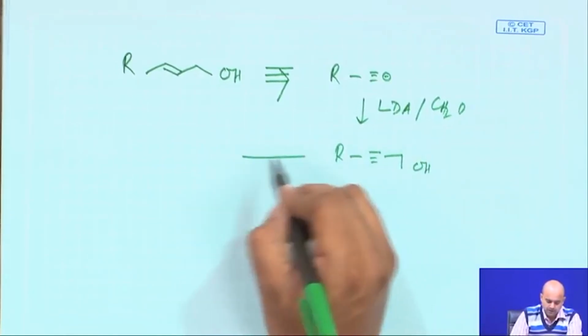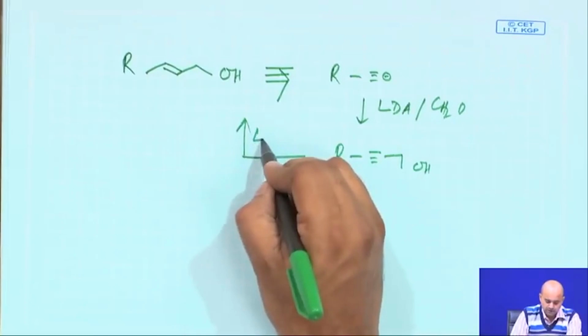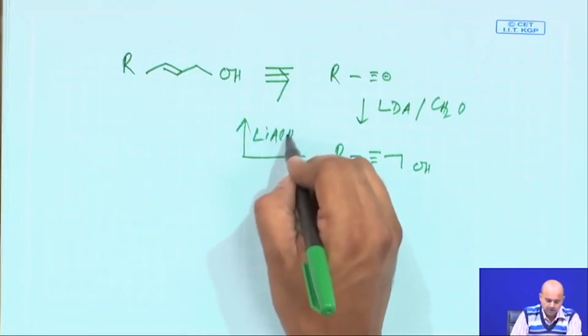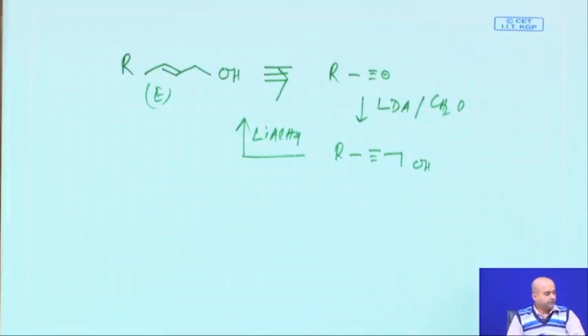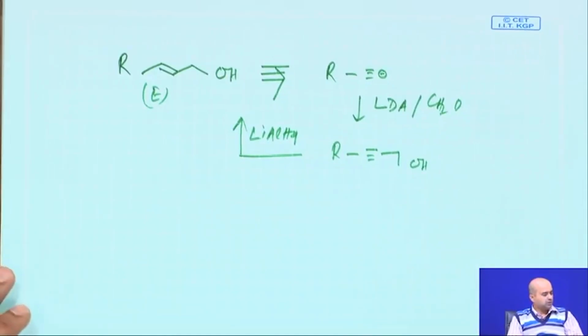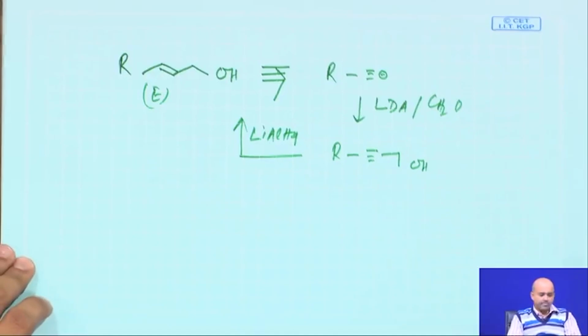Now, you react this propargylic alcohol with lithium aluminum hydride to give you the E allylic alcohol, and this is a very simple and straightforward reaction which will solve your problem.